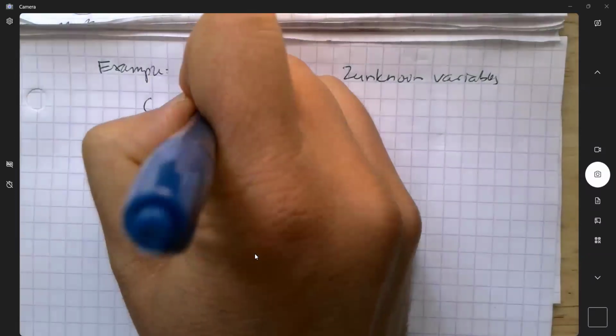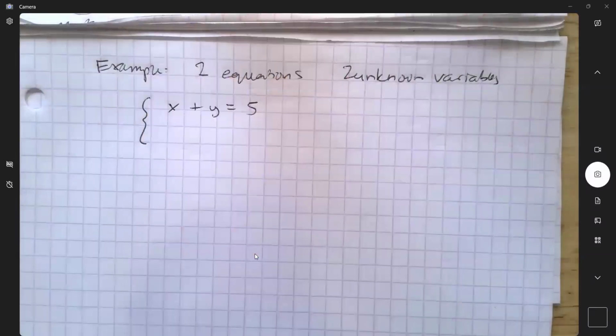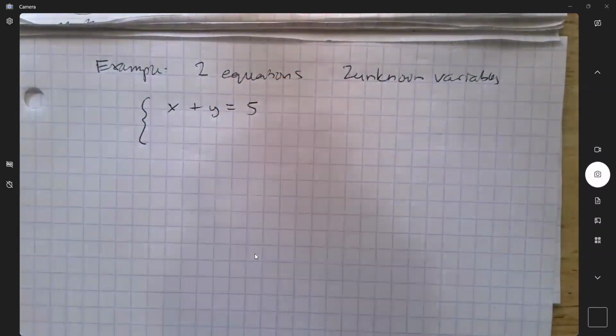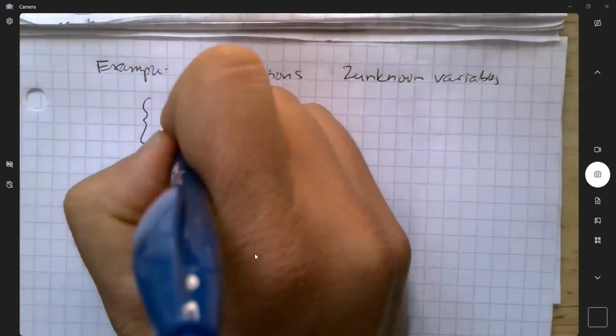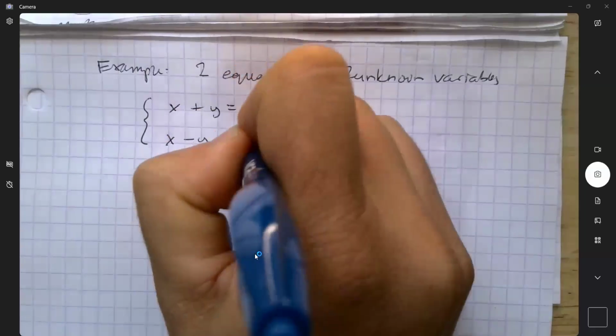I have x plus y equals 5. That's one of my equations. It's got two variables. And so I might have another equation like x minus y equals 3.